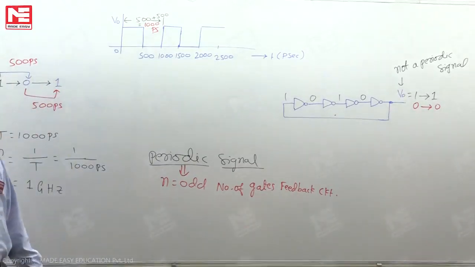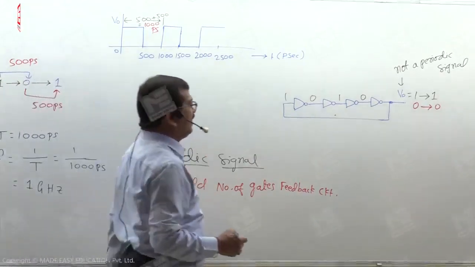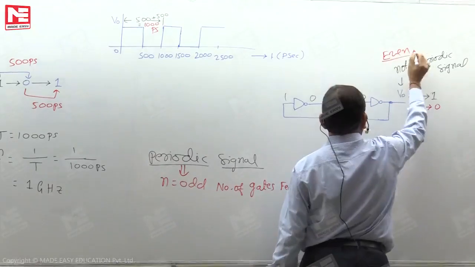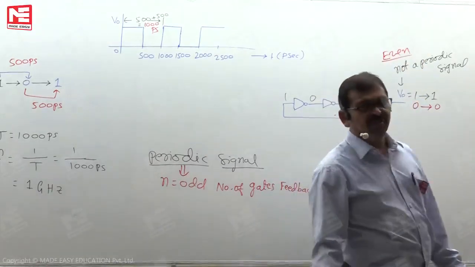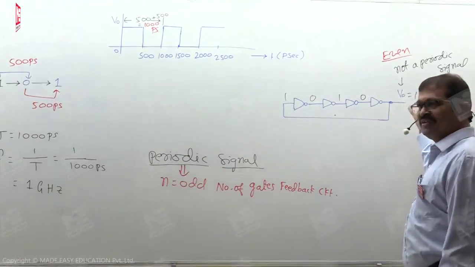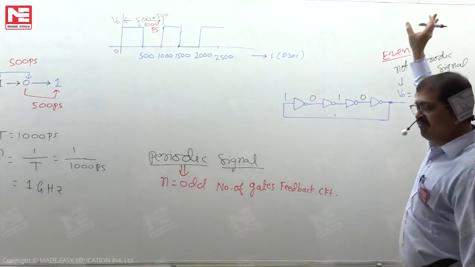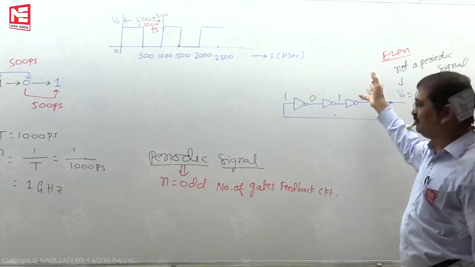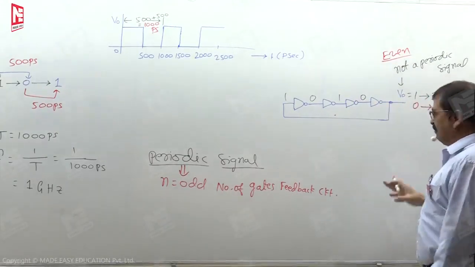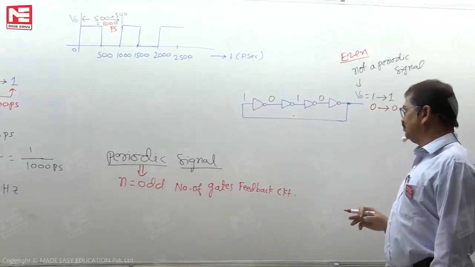We are having an odd number of gates, a periodic signal is coming, but here we are having an even number of gates. Theoretically, the repetition time is infinite, so the frequency, 1 upon infinite, will be 0.